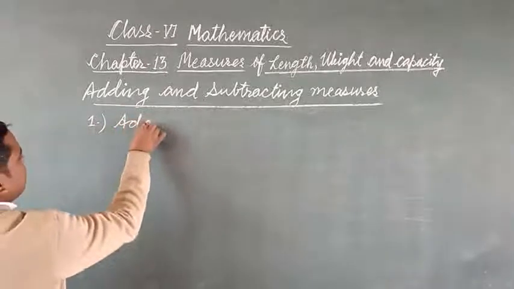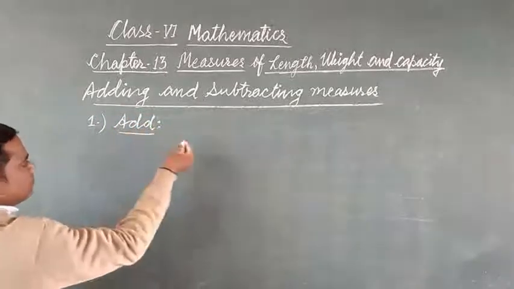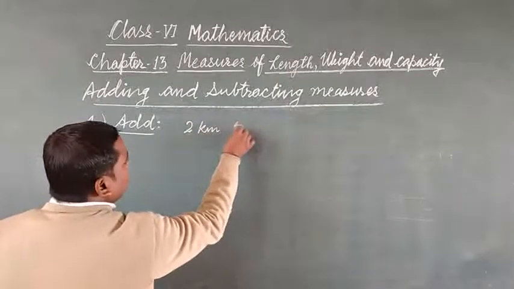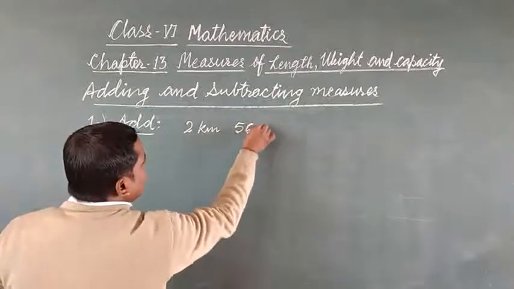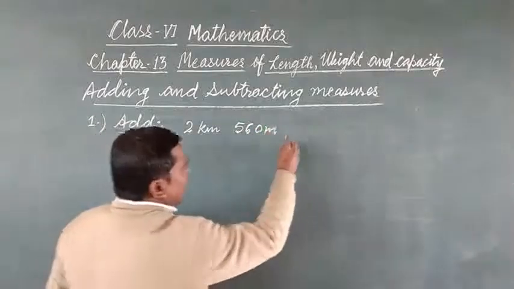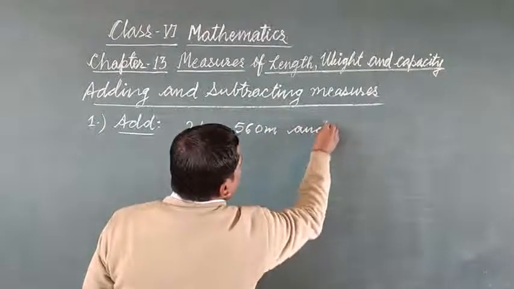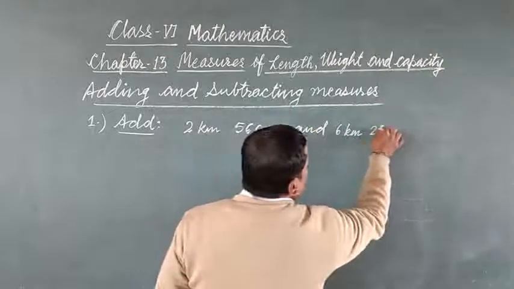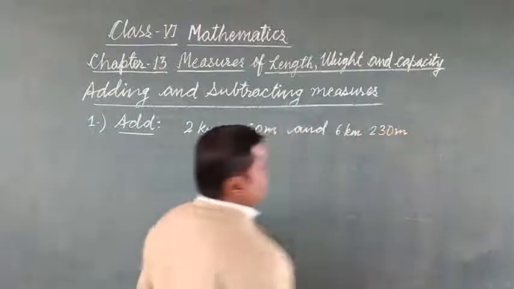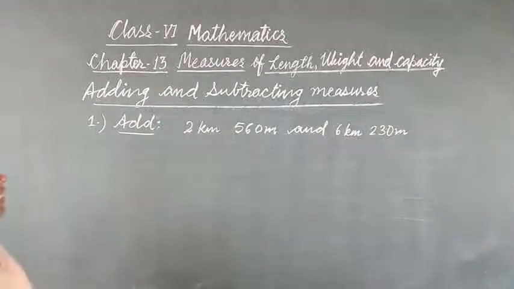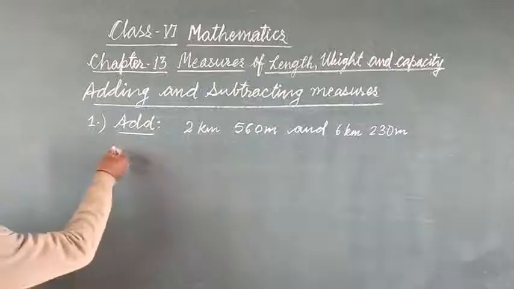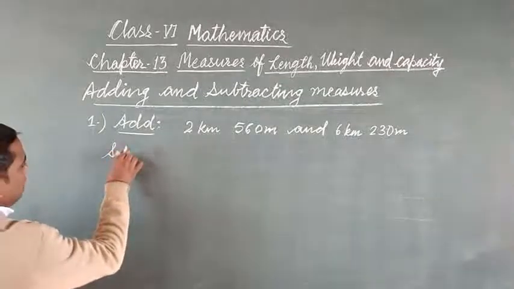Take an example. Add 2 kilometer 560 meter and 6 kilometer 230 meter. If this question is given, then we will write like this: solution.